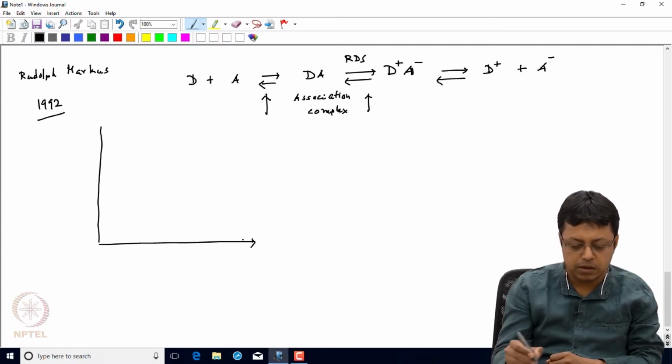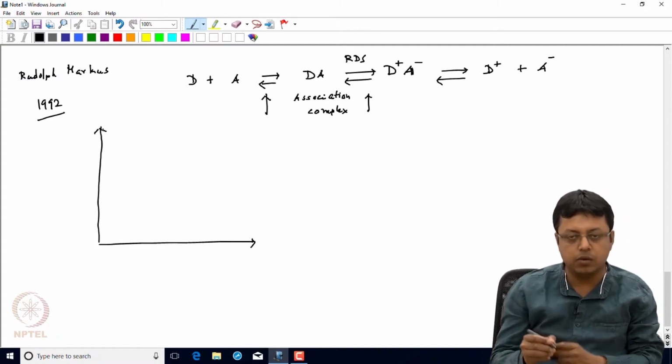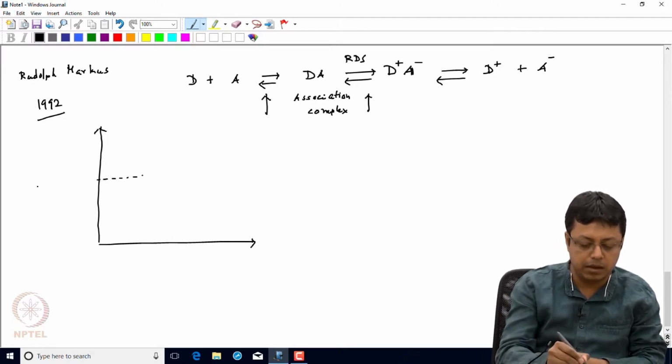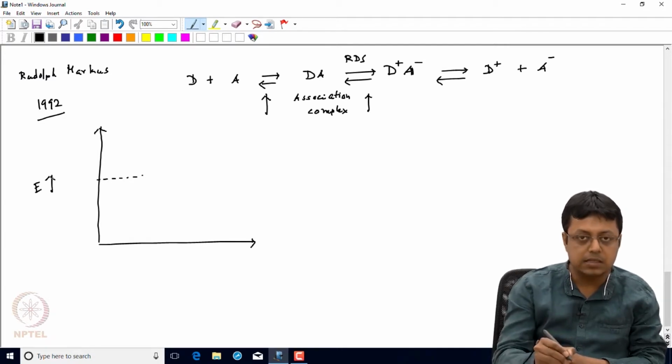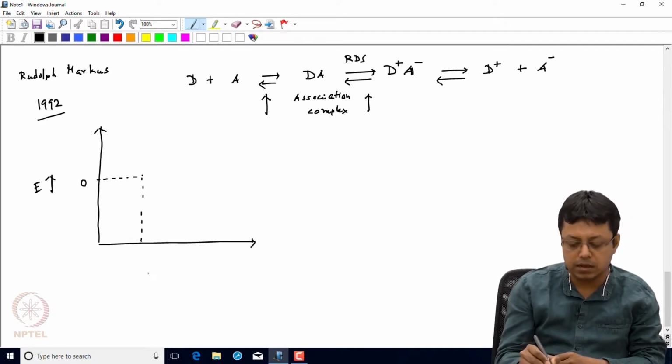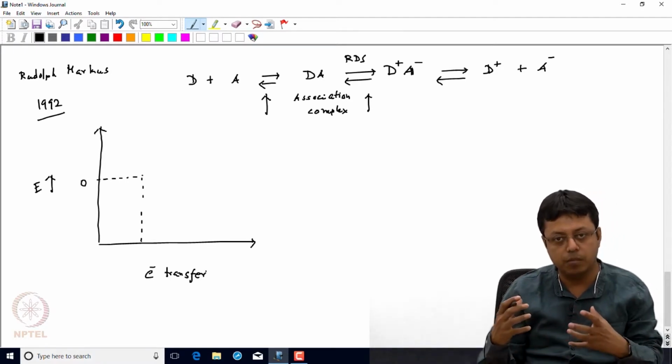notations for that. So again, the donor has some electronic energy. Let's say this is the donor electronic energy, and I am labeling my energy scale, which is shown here, as the zero of energy, where the donor energy is minimum, and also this coordinate. Now this coordinate is the electron transfer coordinate. Again, it could be a combination of many vibrational modes.